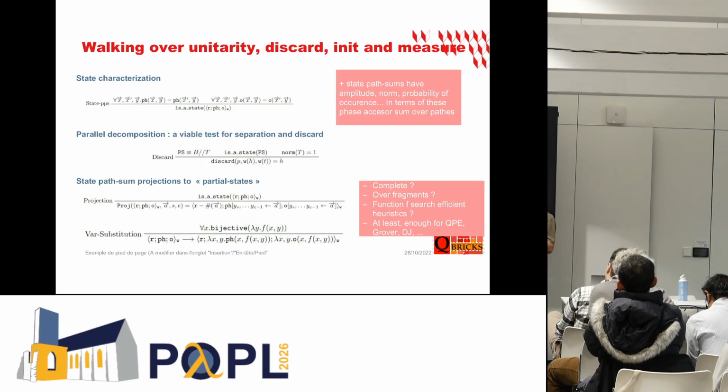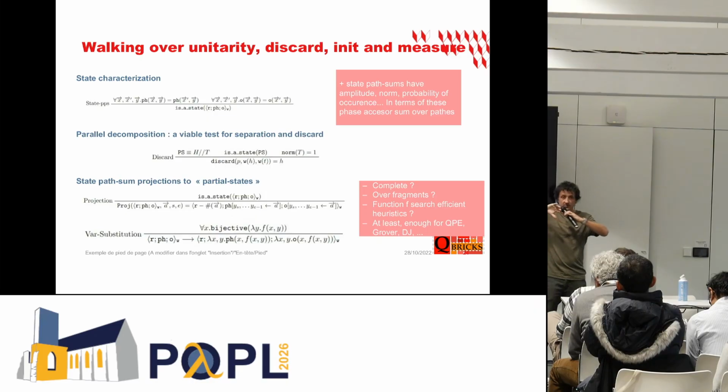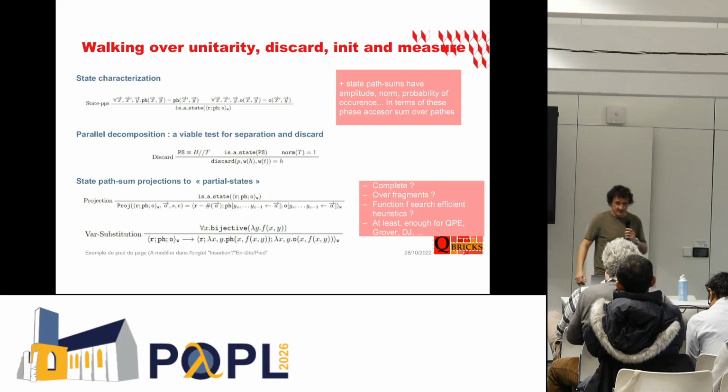Basically, a state is just a constant operator, and there are also some tools to reason on the deletion of information. So here we have the parallel path-sum composition scheme, and it also has a variable precondition for the separation of states over different registers, enabling us to define a discard operation.